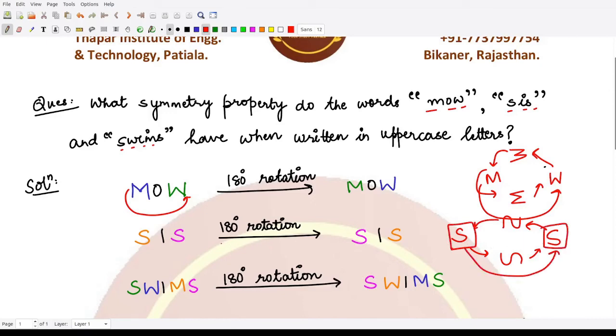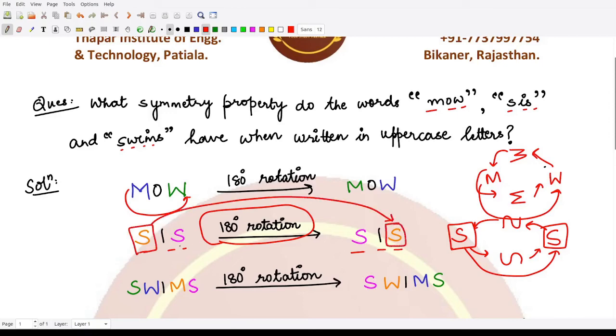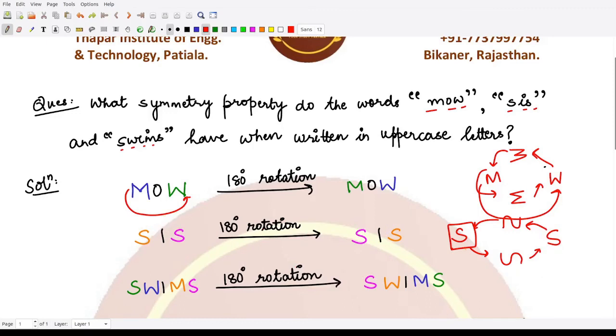Therefore, on rotating it by 180 degrees, the word SIS would be the same as the word SIS. However, this S would go to the last position and this S would go to the first position, right? What about the word SWIMS?